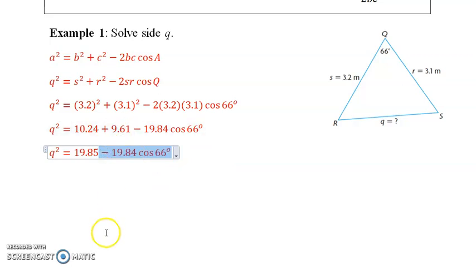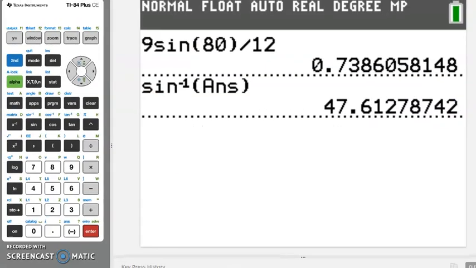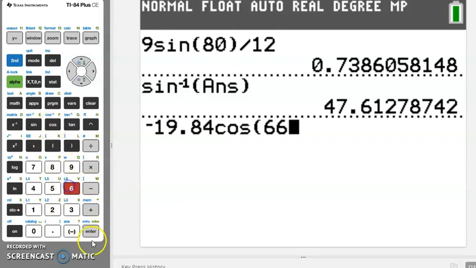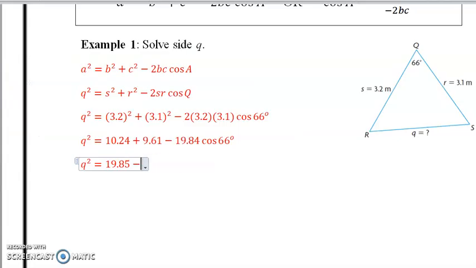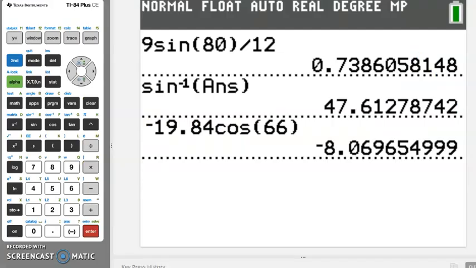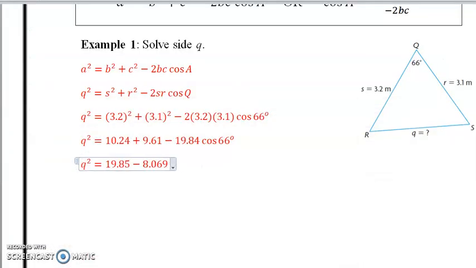So we go to our graphing calculator. I'm going to do that with you. We got minus 19.84 cosine 66. We got minus 8.069, and so on.